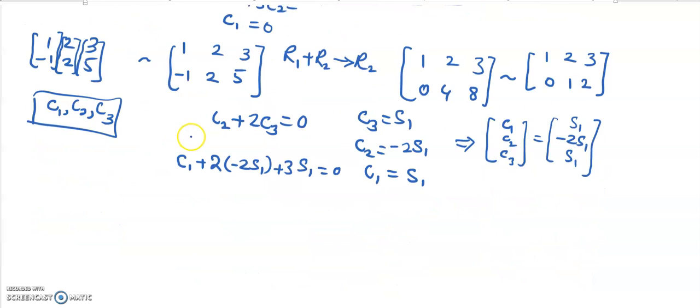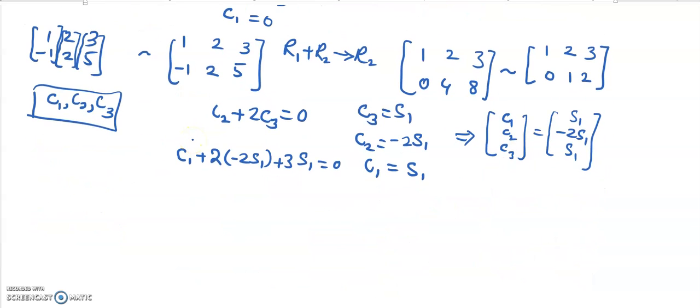For example, over here, 1 times 1, minus 2 times 2, and then 1 times 3.